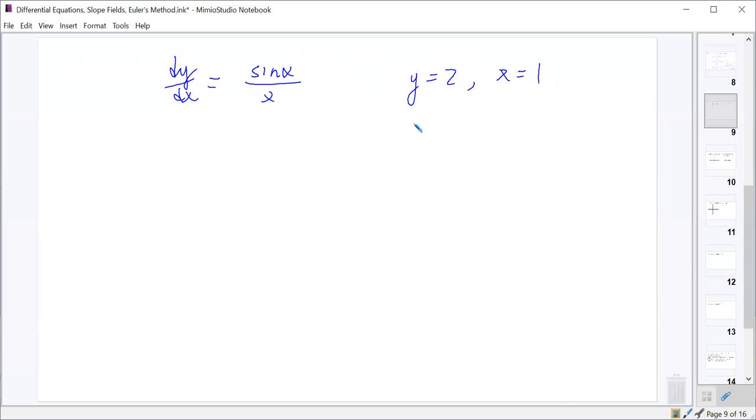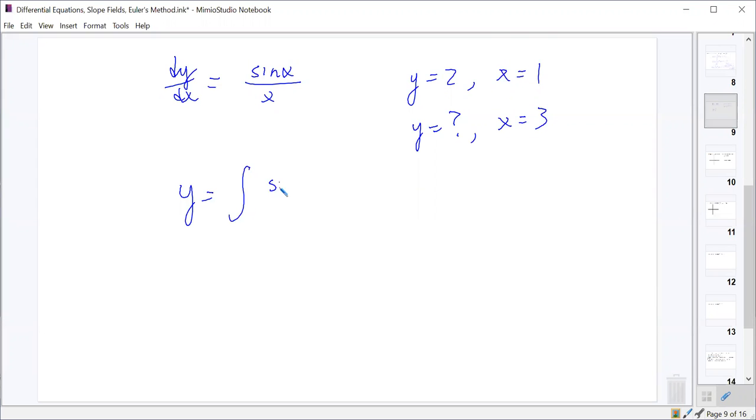And I want to find out what is the value, what does y equal when x equals 3. So I'll give you a minute here to see if you can work this one out on your calculator and write out the actual function itself. Ready, go. We should have got y equals what?